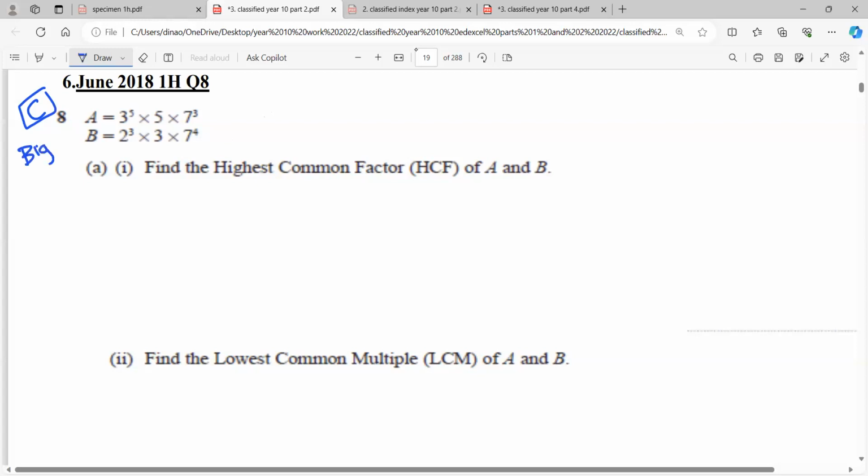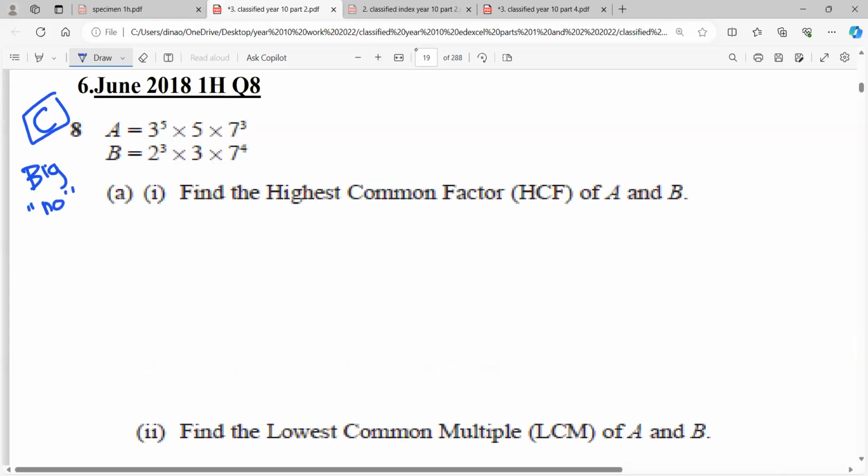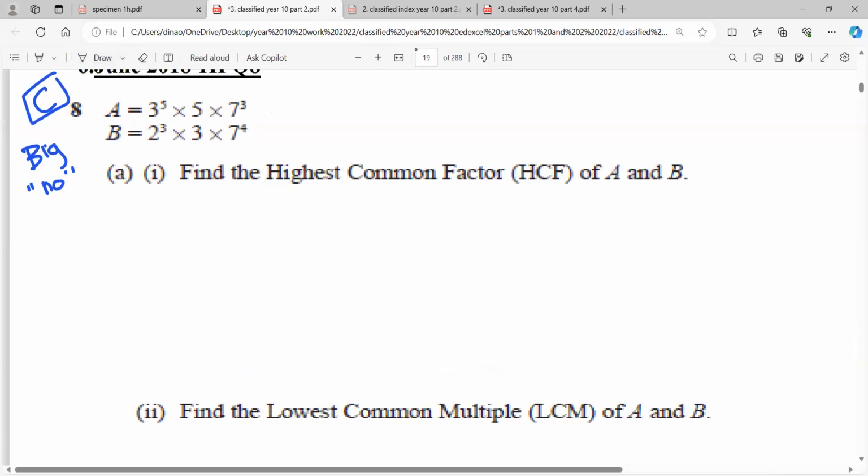numbers are relatively big numbers, and you will be required to find the HCF and the LCM for these sort of numbers, big numbers. How do I find HCF and LCM for big numbers if they are primely factorized?